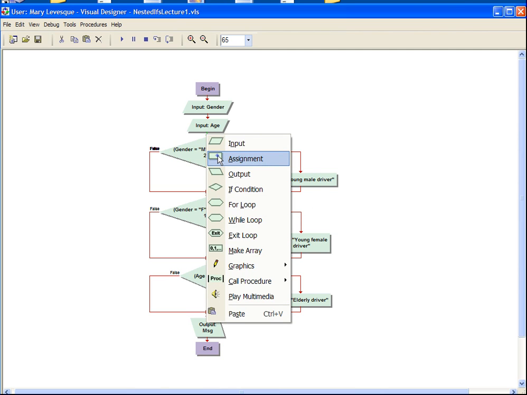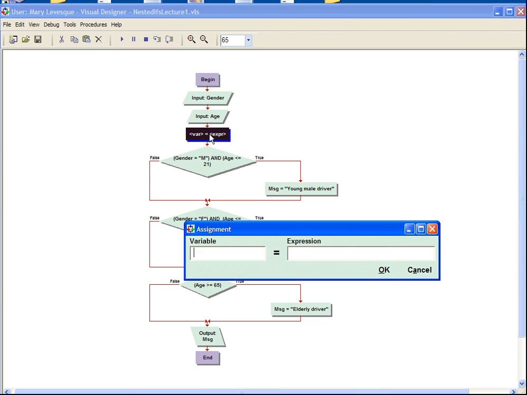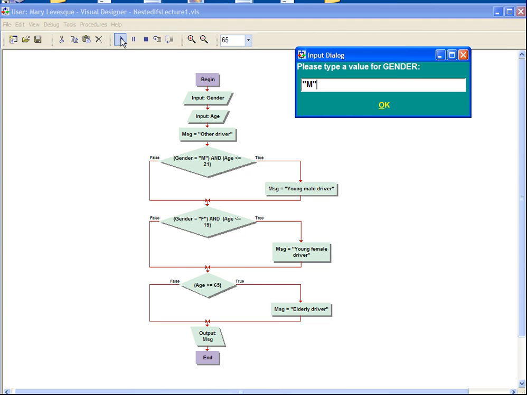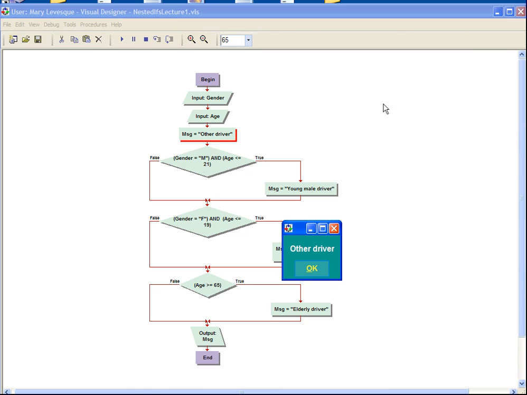I could possibly do it here. And that worked.